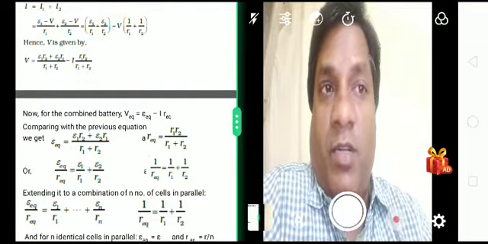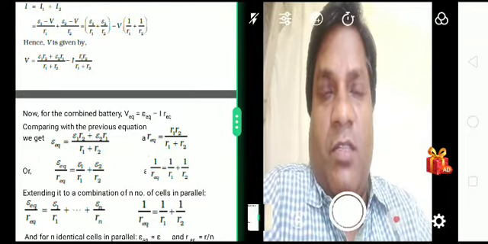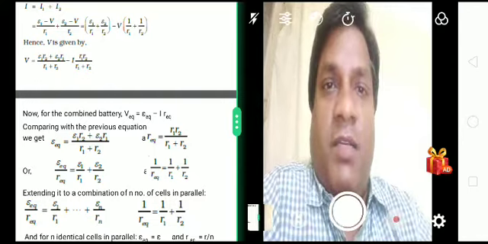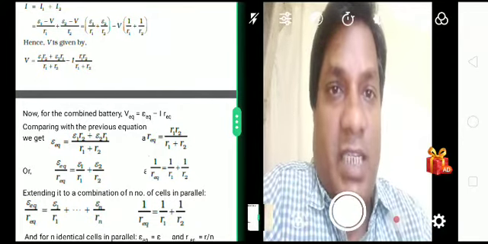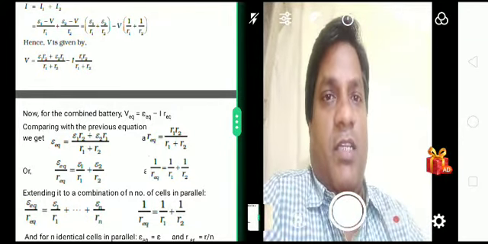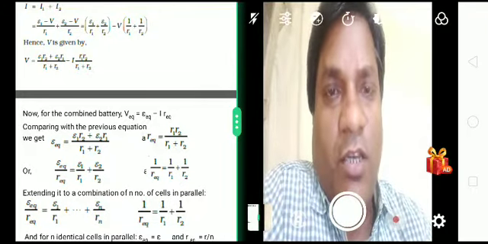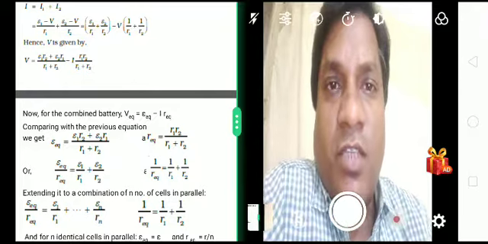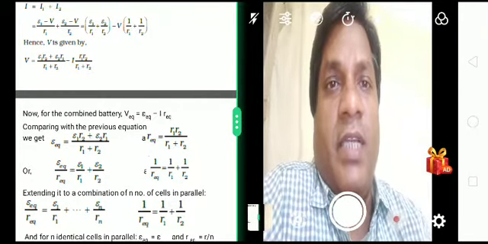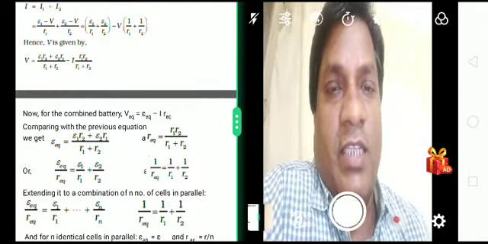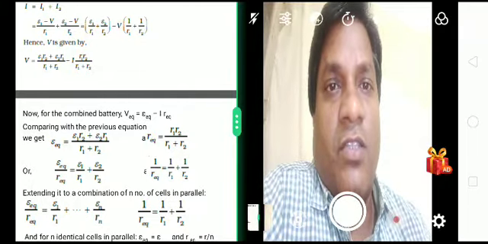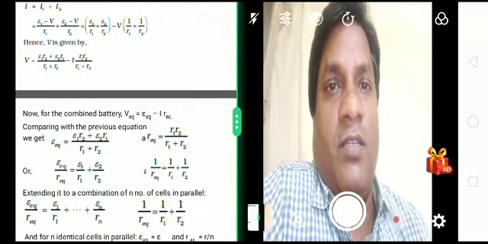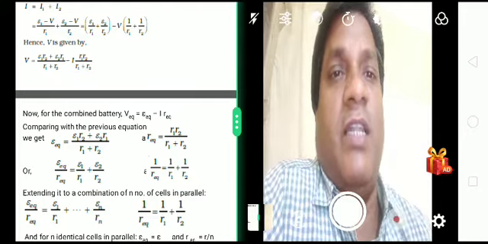See, this is very important to remember. The ratio of equivalent EMF of the battery in a parallel combination to the equivalent internal resistance is equal to the sum of the ratio of EMF and internal resistance of the individual cells connected in parallel.